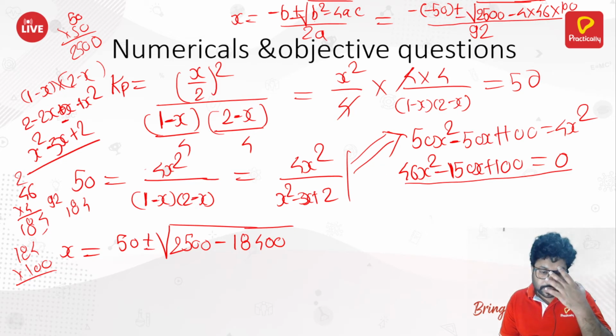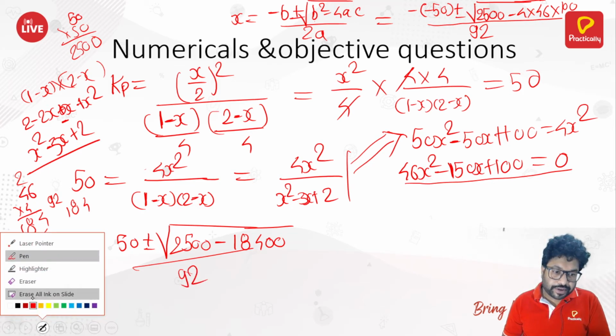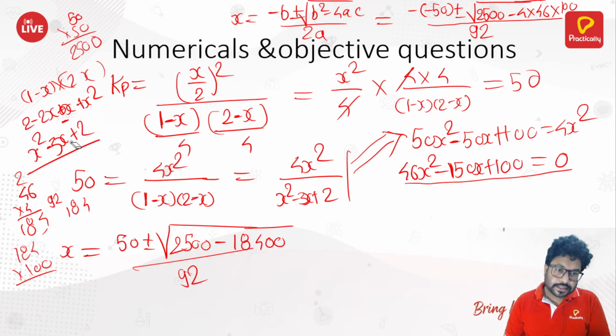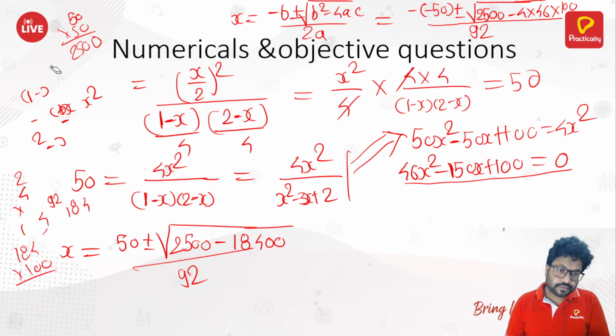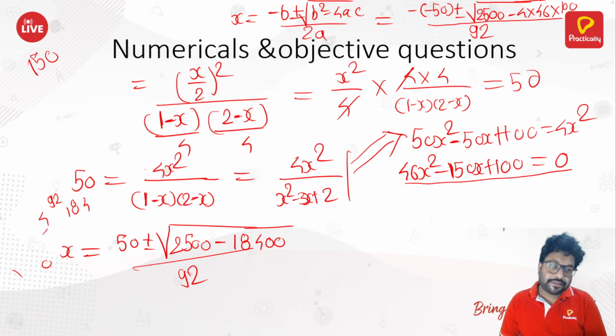Now it is right. So b square, that means you are basically squaring the 150. Rest everything is same. No problem with that. Divide by 2a, 2 into 46, which is 92. So everything is right. Where we went wrong is this. b is 150, so we need to square 150. The square of 15 is 225, right?